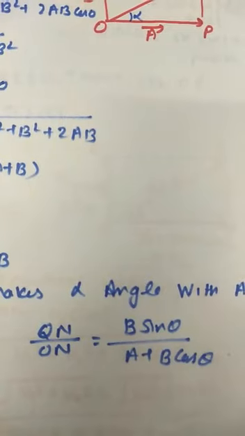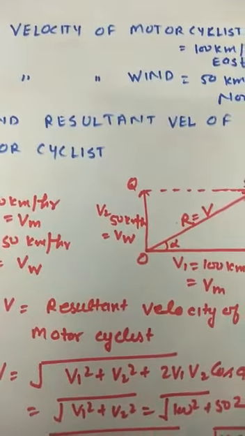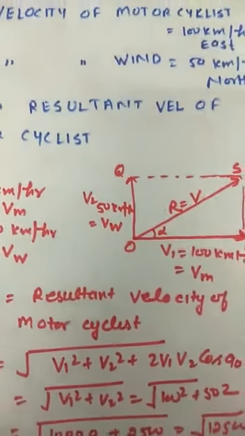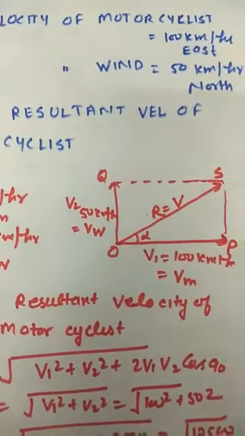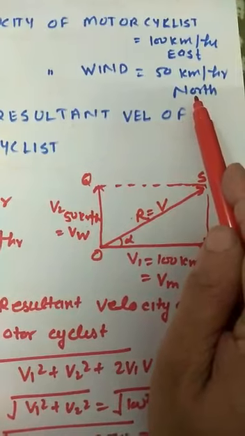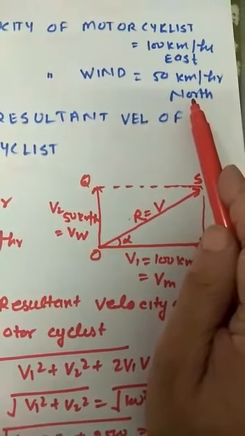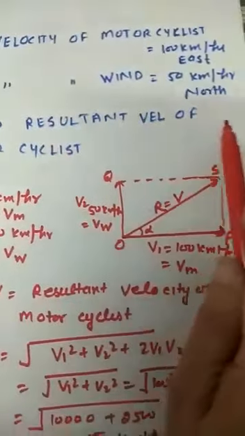Now let's take an example. A motorcyclist is going with a velocity of 100 km per hour towards east, and the wind starts blowing with a velocity of 50 km per hour towards north. Naturally the velocity of the motorcyclist will be affected, and we have to find the resultant velocity. We solve by the parallelogram law, drawing both velocities from one common point and completing the parallelogram.